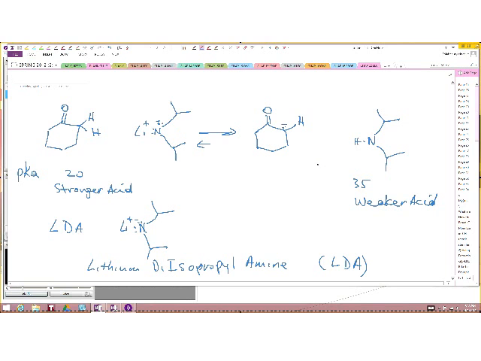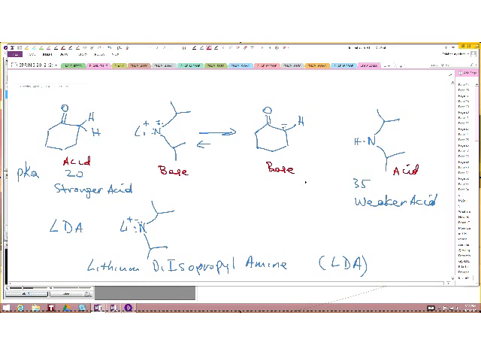Now we could also use some other bases. This is the base, and this will be the acid right here.